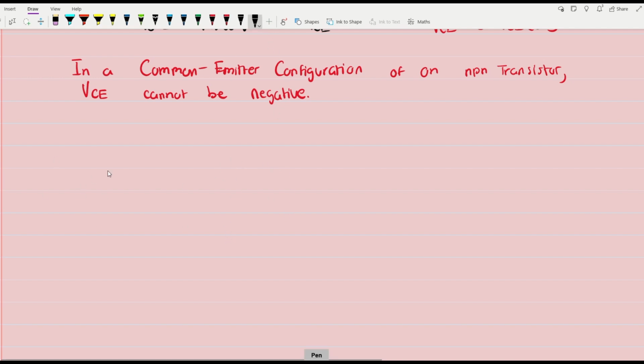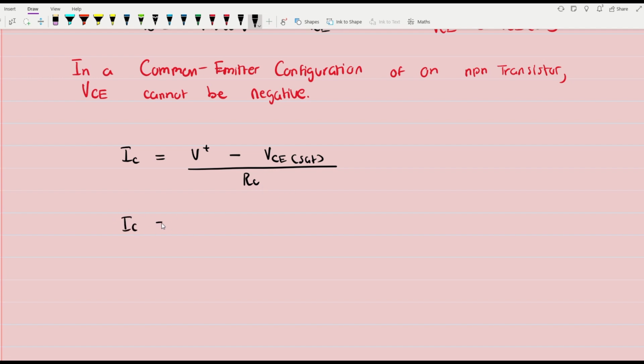We're going to use this equation. IC is equal to V positive minus VCE saturated, divided by the resistor in between, which is RC.